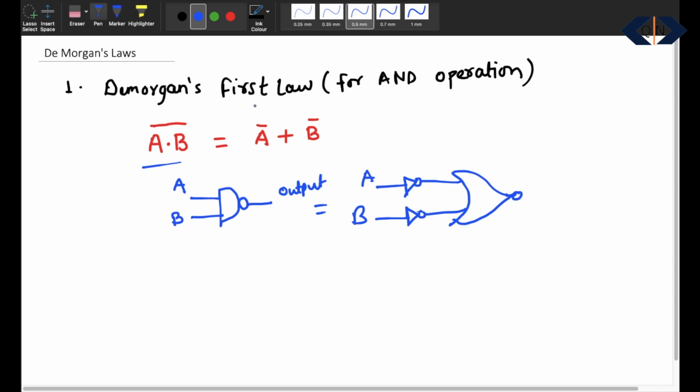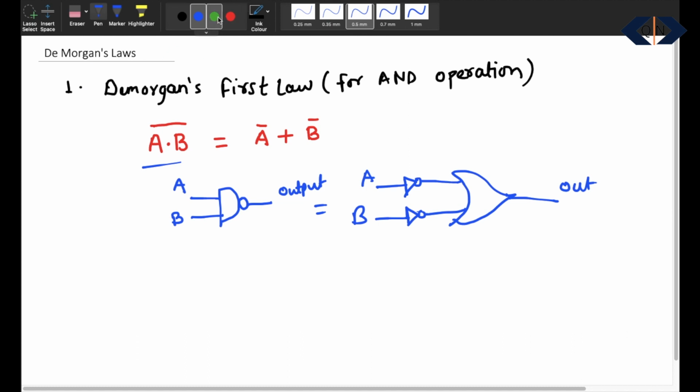So what does De Morgan's first law say? That the NOT of the product of A and B is equal to the sum of the negation of A and the negation of B. We will also prove it with the truth table.